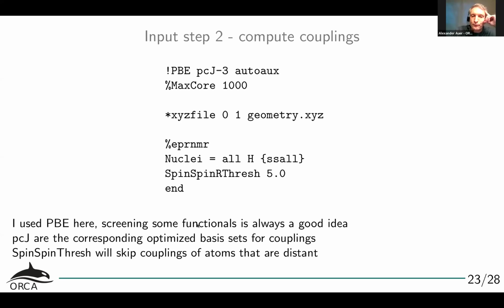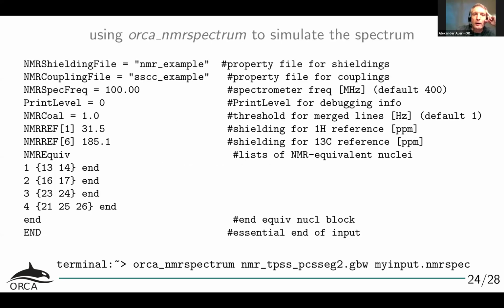And if we do this, we just can use either, for example, ChimeraX, which has its own capabilities of reading the ORCA output, and then you can already simulate the spectrum, or you use orca_nmrspectrum, which is a post-processing tool where you can specify the spectrometer frequencies, and you can specify NMR equivalent nuclei, and all of this is also documented in the ORCA manual.